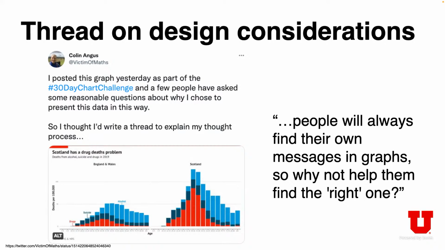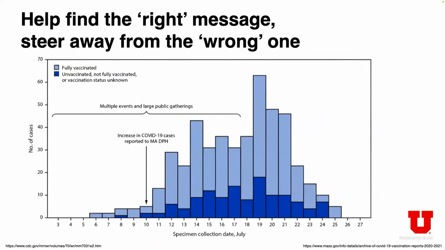So going back to one chart that we've looked at: what if we wanted to help people find the right message, but also steer them away from the wrong one? This is a chart from a CDC report, and very roughly the message of the report could be distilled to: vaccines do provide protection from COVID, but don't let your guard down.